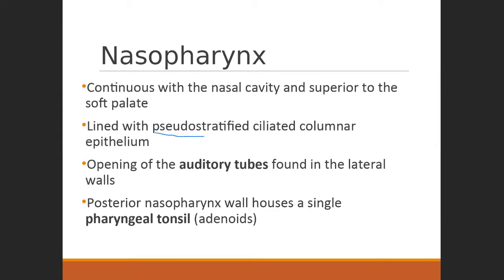The nasopharynx is lined with pseudostratified ciliated columnar epithelial tissue. Remember, these cilia project off the surface of that columnar cell like fine hairs into the nasal mucosa. Any particulates that are dissolved in that mucosa can be worked towards the outer respiratory tract and be disposed of.